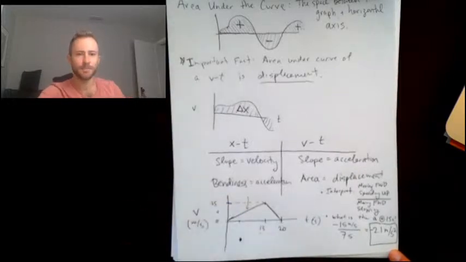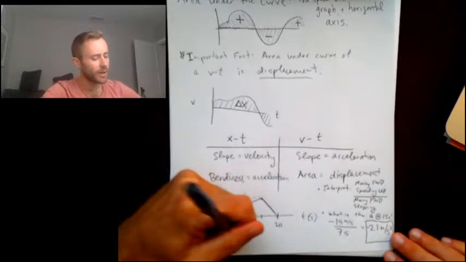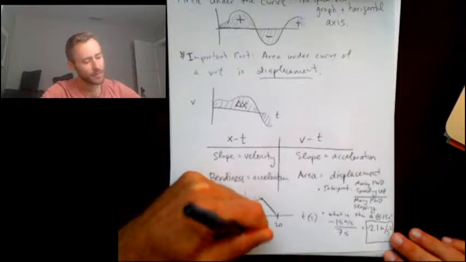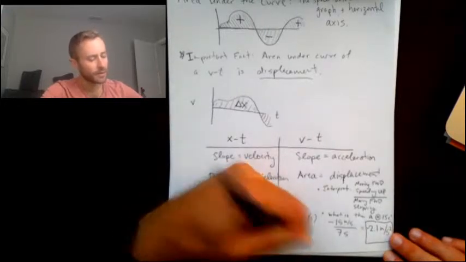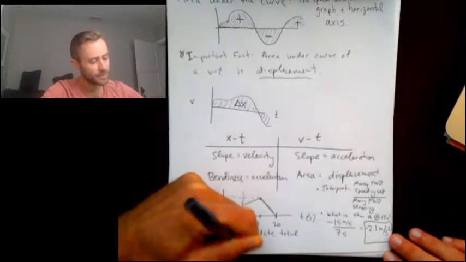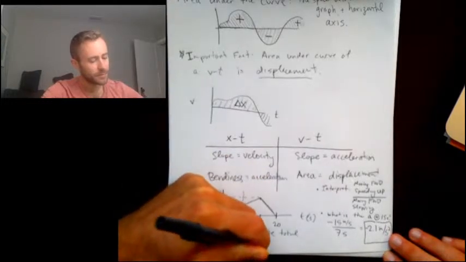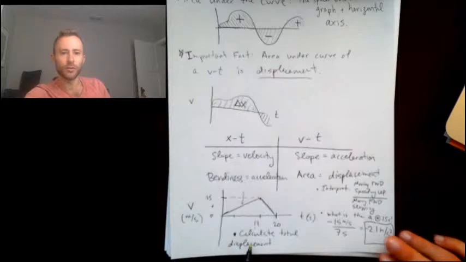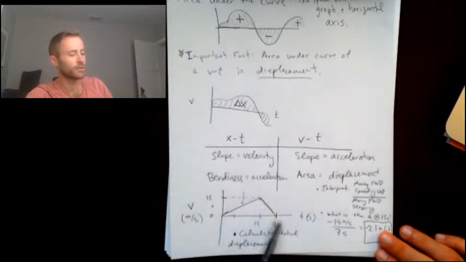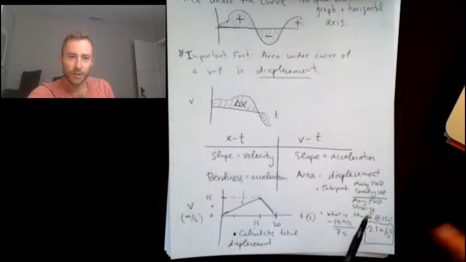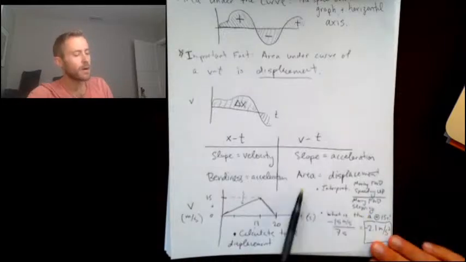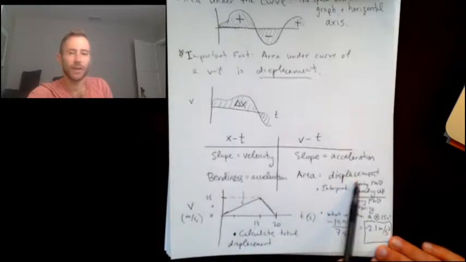For the next part, let's go ahead and calculate the total displacement. What is the total displacement for this 20-second long journey? Well, if I want displacement and I have a velocity time graph, displacement is area under the curve.